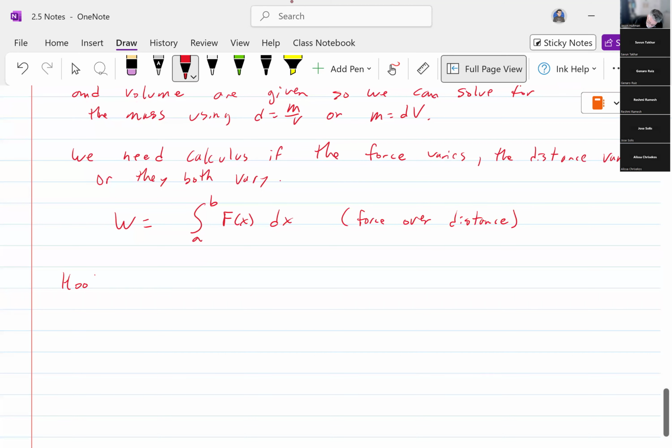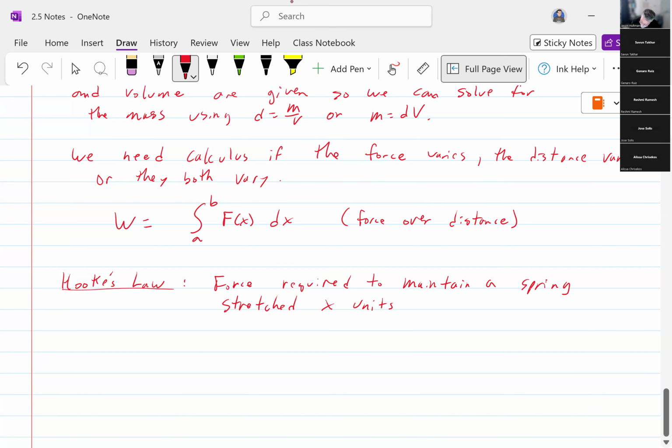Okay, Hooke's law. Hooke's law states that the force required to maintain a spring stretched x units beyond its natural length is proportional to x, the distance that it is being stretched.